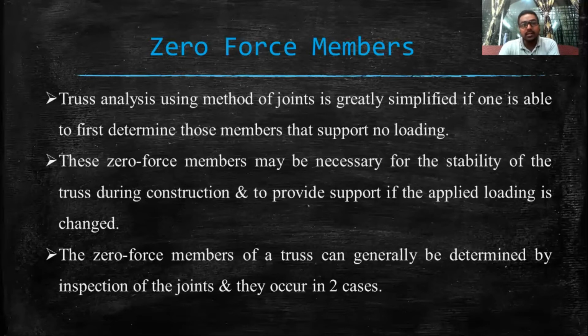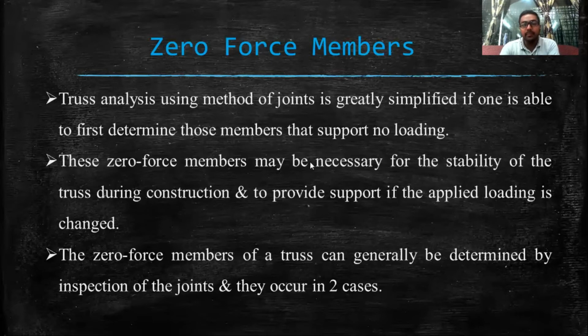Truss analysis using the method of joints is greatly simplified if one is able to first determine those members that support no loading. So even before we start solving, it is very important to identify those members where there is no load at all.